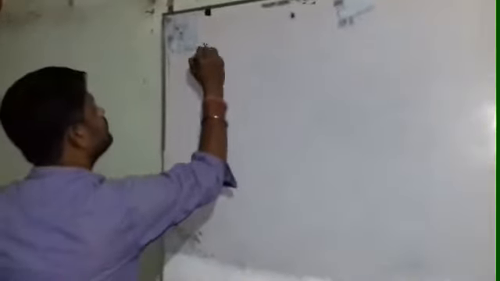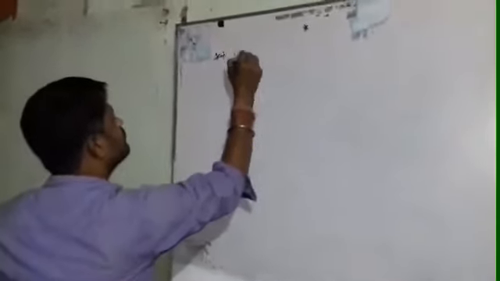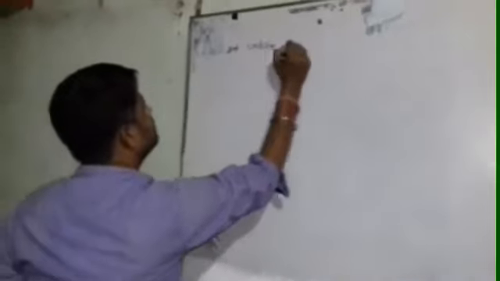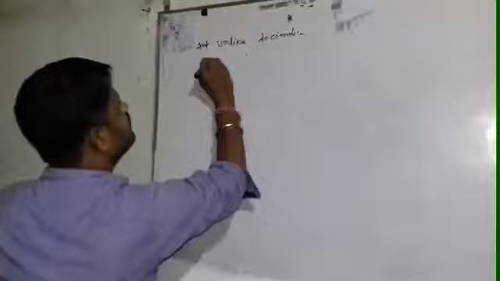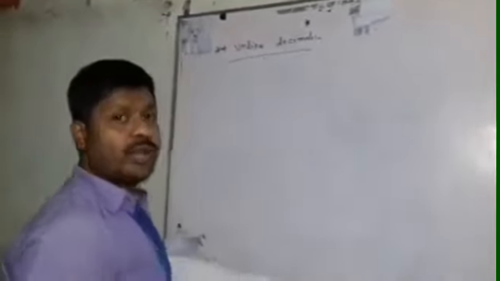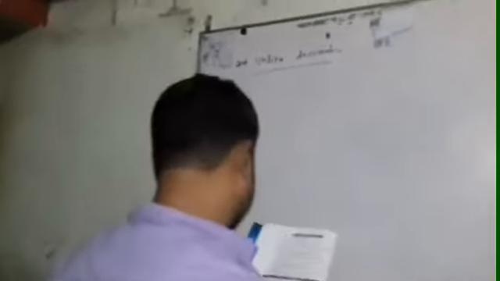Now we discuss unlike decimals. For unlike decimals, we also have two numbers, and we compare them with each other.